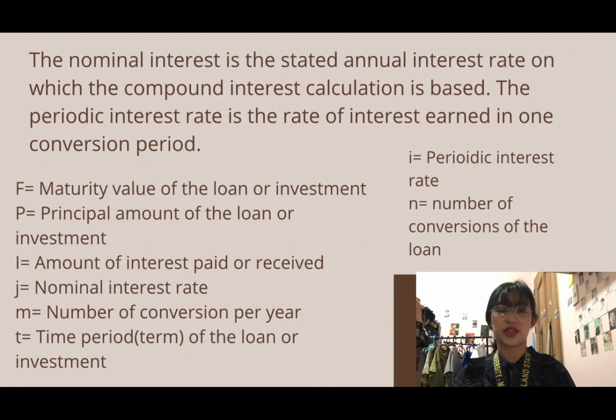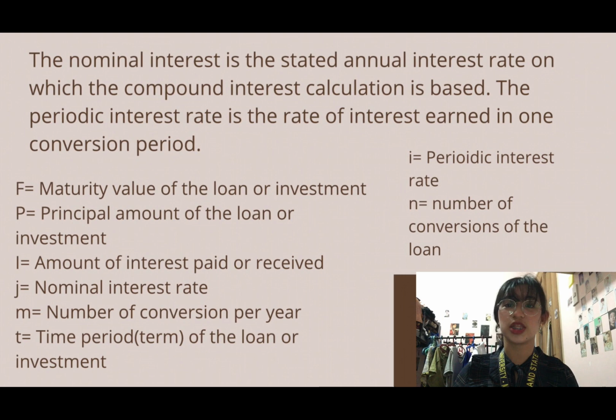You have the capital letter F, the maturity value of the loan or investment, and the capital letter P, the principal amount of the loan or investment. Capital letter I is the amount of interest paid or received. The small letter j is the nominal interest rate.